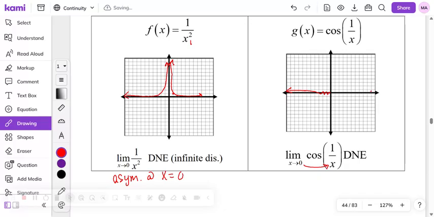And the same thing from the right side, it starts to get chaotic in here. And we have a discontinuity right there. x cannot be 0. We can't drop a point in there. So this is not an asymptote, but it is also a discontinuity.